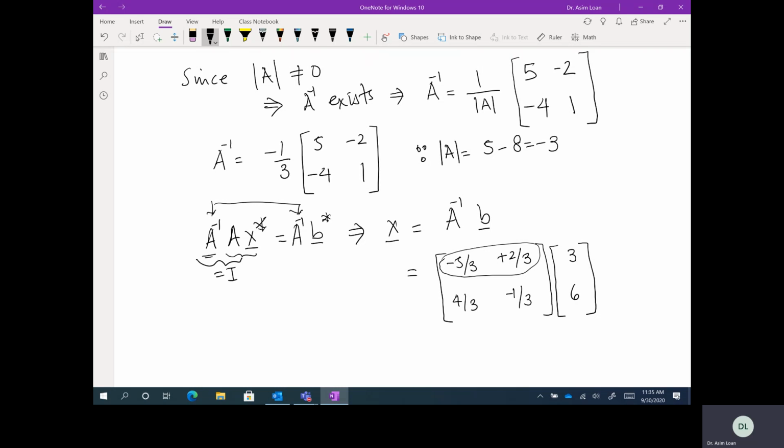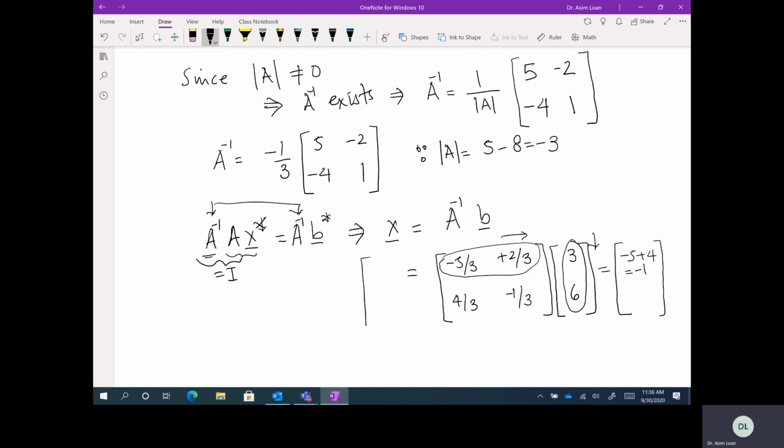The easiest one, or the one that you already know, is you take this row and multiply by this vector. This gives you the first element. So the first element is -5 over 3 into 3 is -5, plus 2 over 3 into 6 is 4, which is equal to -1.